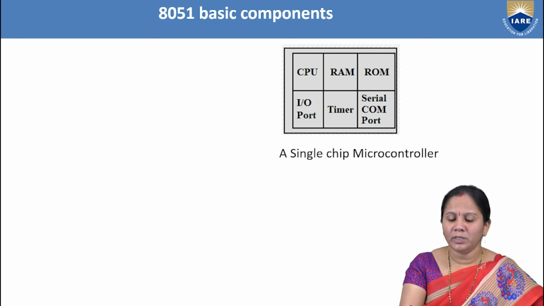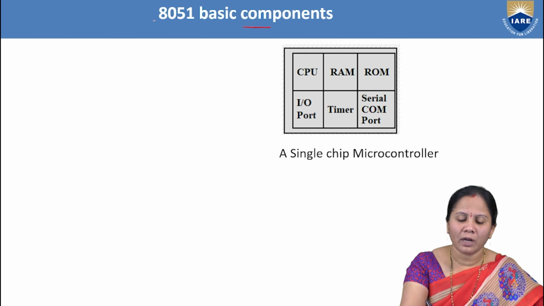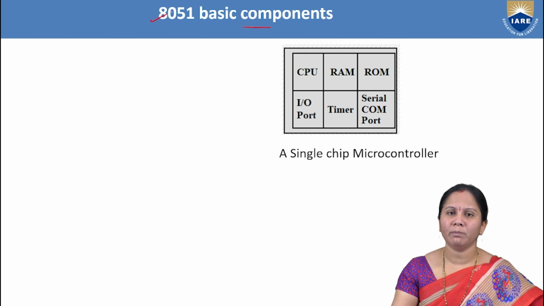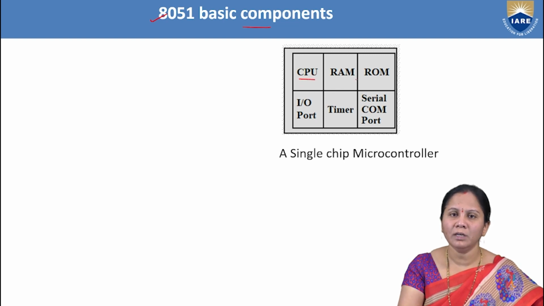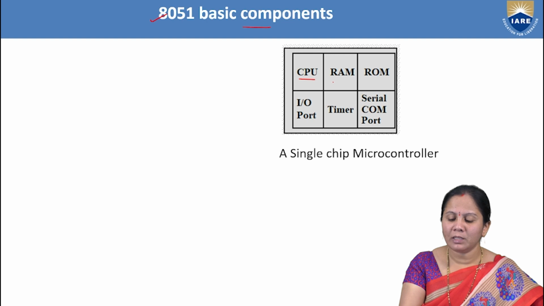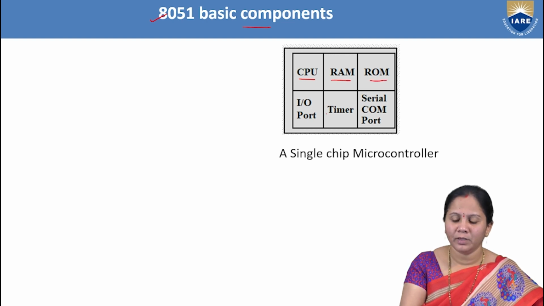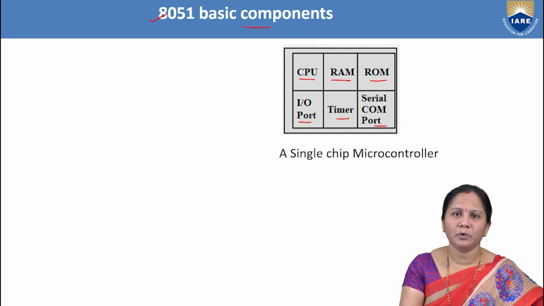Now coming to the basic components available inside the 8051 microcontroller. One is the CPU, which is nothing but the microprocessor. Other basic components are RAM, ROM and IO ports. We have timers and serial ports also.